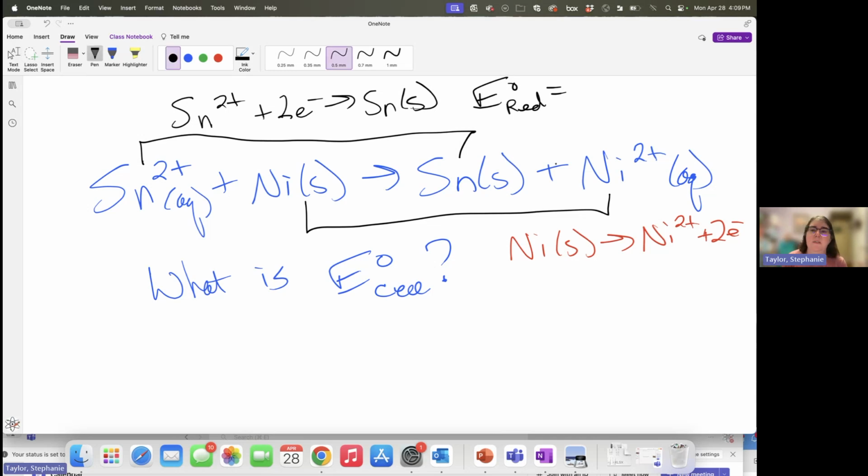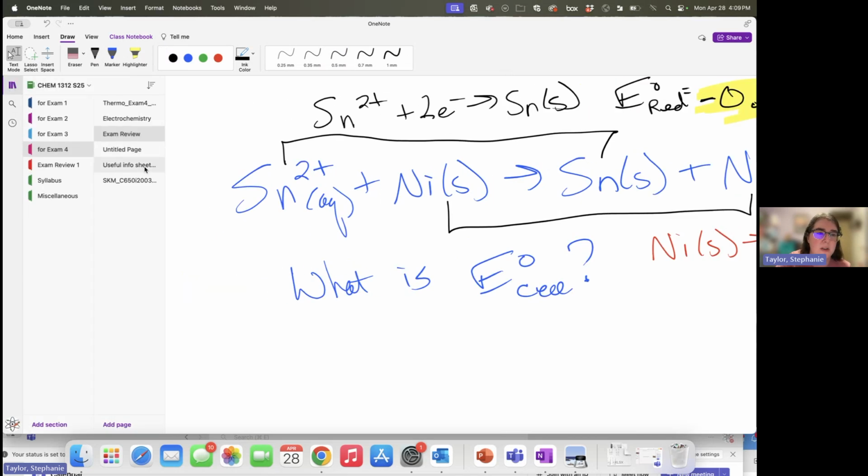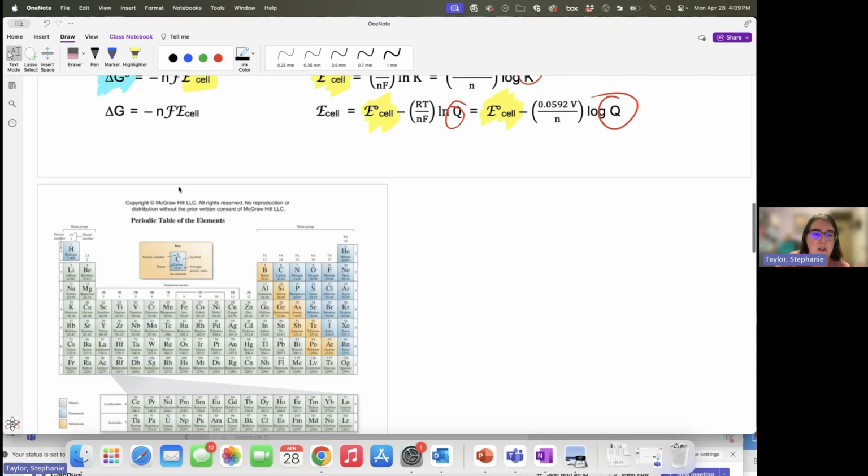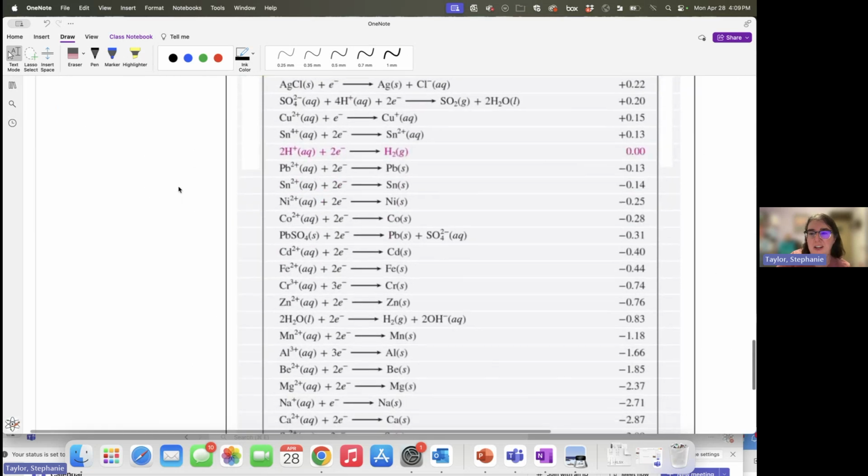So that is my standard reduction value that comes off of the table. This number that I just wrote down is from the table. I understand that I'm looking at a physical table, so I'm going to hop over to my potentially useful information page, and I'm going to find the same thing, which now that I know the number will be a bit easier.